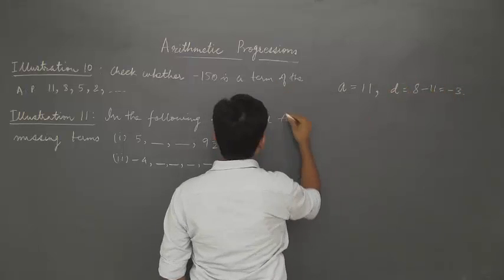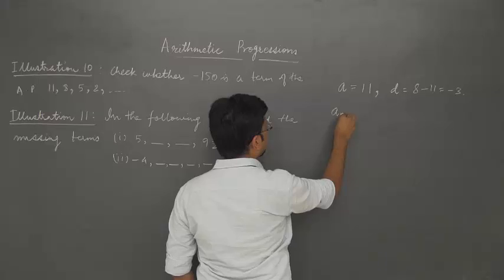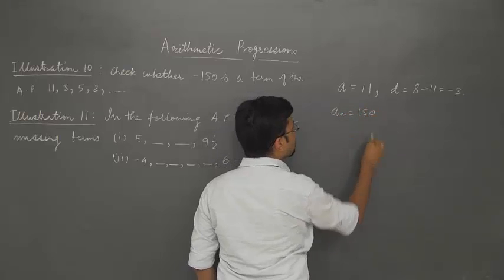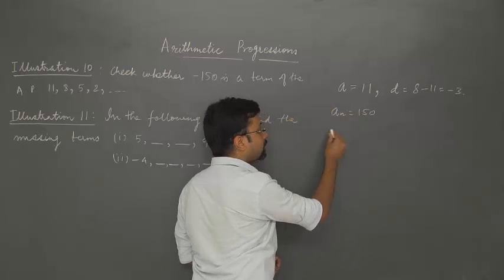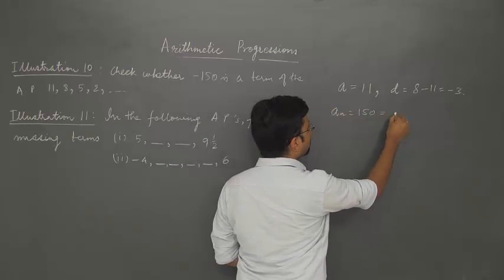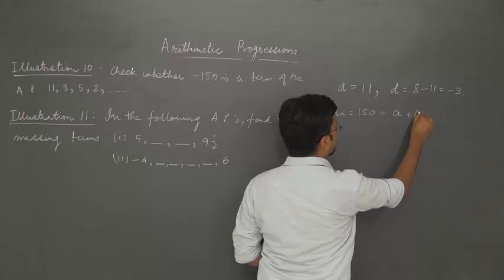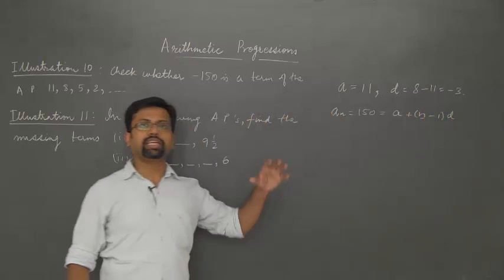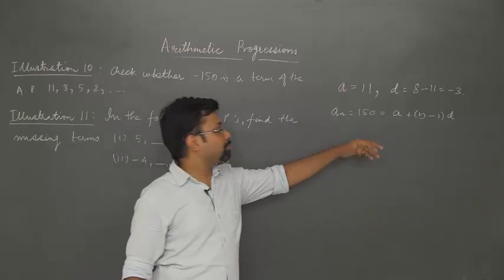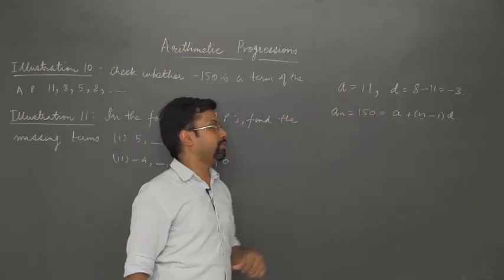Now let us assume that an equal to minus 150 is a term of the AP. So if an is equal to minus 150, then minus 150 would be equal to a plus (n minus 1)d. We will be finding out if there is any possible value of n such that an equals minus 150.